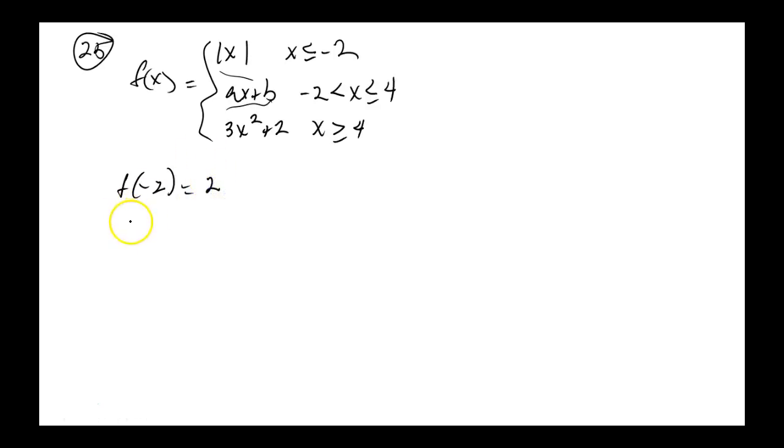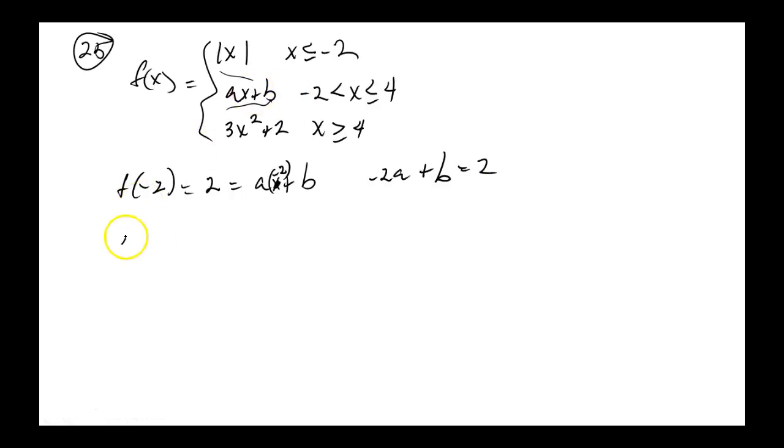So we have that ax plus b is equal to 2 when x equals -2. So minus 2a plus b equals 2. Yeah, that's right.